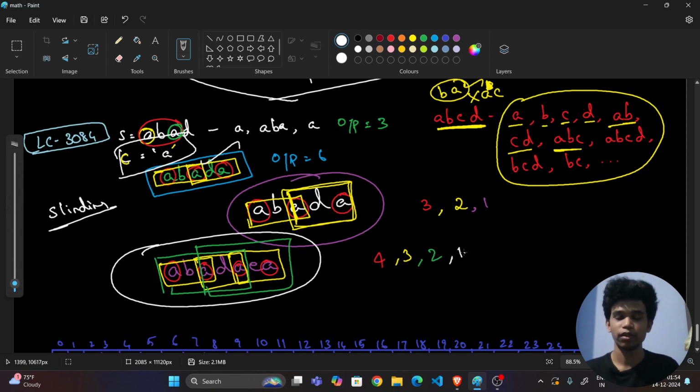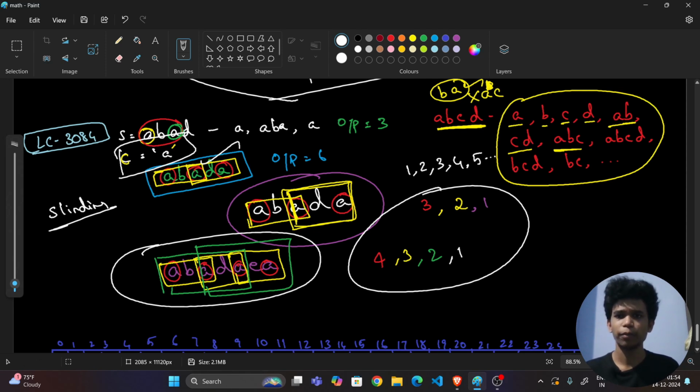Now this indicates that I am just taking 1, then 2, then 3, then 4, up to this C's count. Here A occurred 4 times, so I write 4 plus 3 plus 2 plus 1, which is equal to 10.